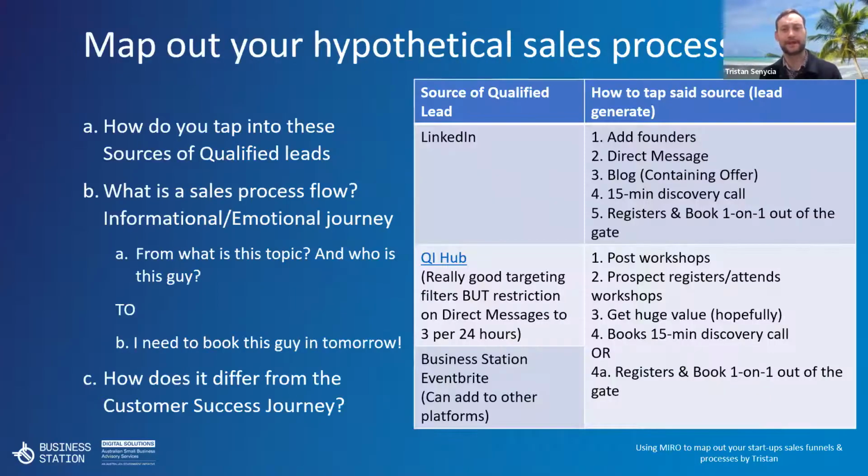One thing that I think is really important before you jump into the actual modeling part is to identify the sources of leads, the points of origination, and then understand how to tap into them effectively. So here's a list of three that I've identified as key to what I do: LinkedIn, QI Hub, and Business Station.